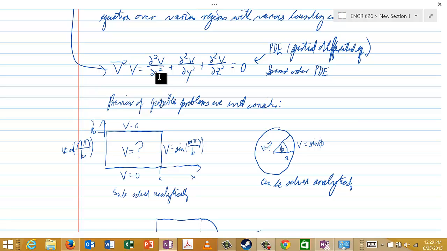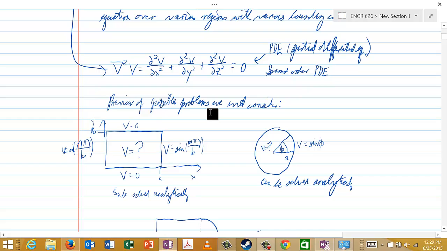It's not a function of t, but it is a function of x, y, and z. So V, the electrostatic potential, is varying in space, and for the moment we're considering the possibility that it can vary in all three directions, in the x direction, in the y direction, and also in the z direction. So that's how we get the full-fledged equation right here.